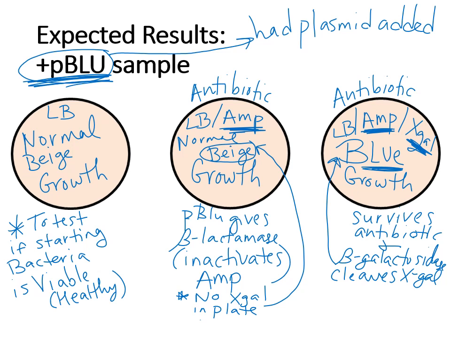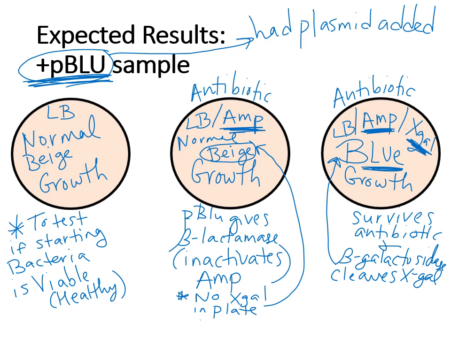Okay, so the only time you should see blue growth on any plate is when pBlue is present and XGAL is present. So for instance, if you were troubleshooting and let's say you had a plate that was labeled as LB or LB amp and you suddenly saw blue colonies, what would you say? Well, the plasmid is present, and what else is present?